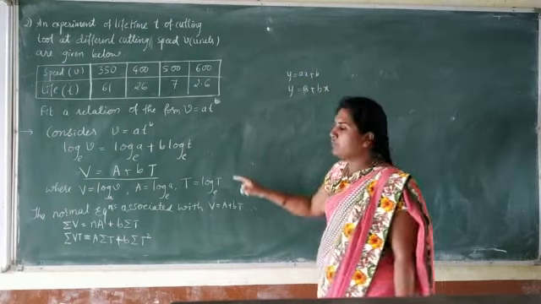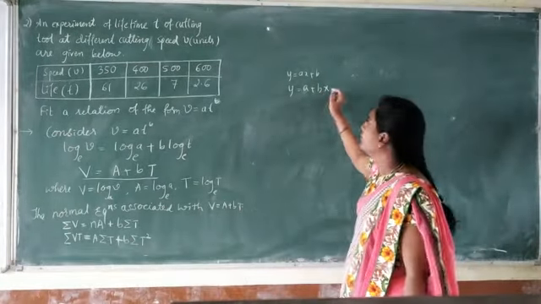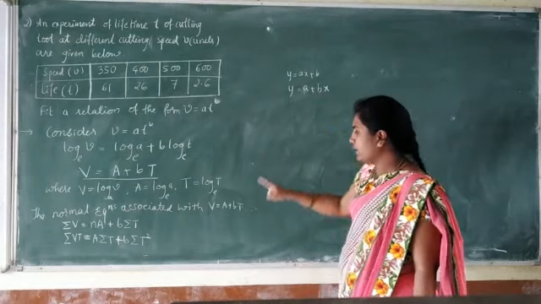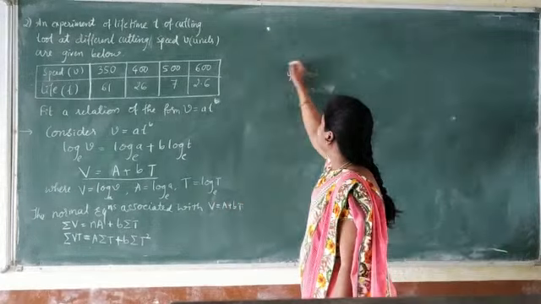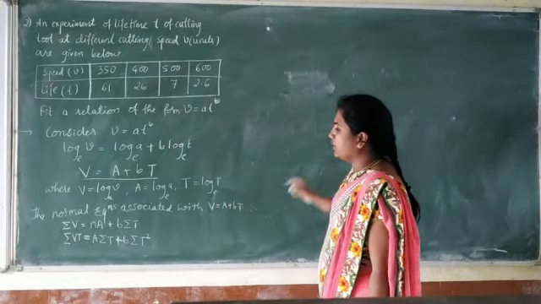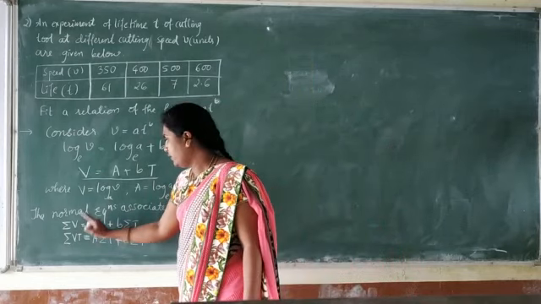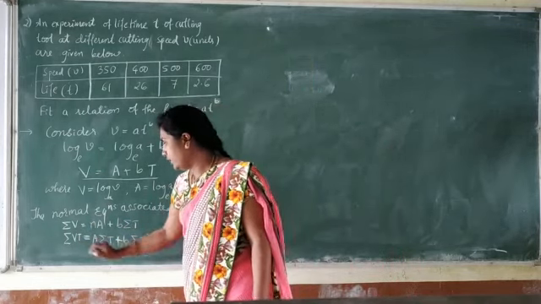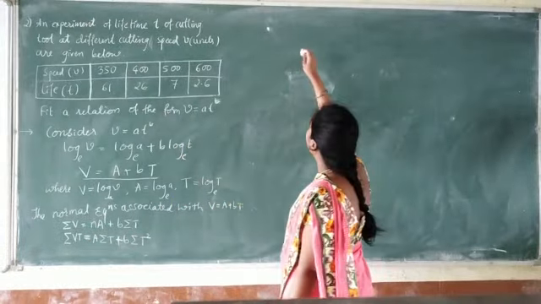The normal equations also go on changing with the equations. Here in place of x we have T, in place of y we have V. Next, we need to find summation of V, summation of T, summation of VT, and summation of T square.